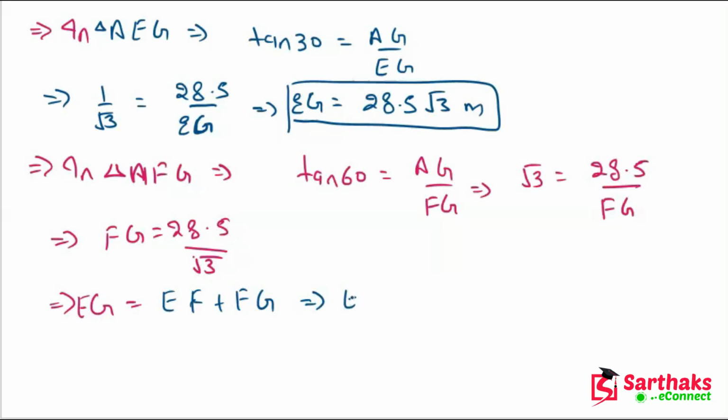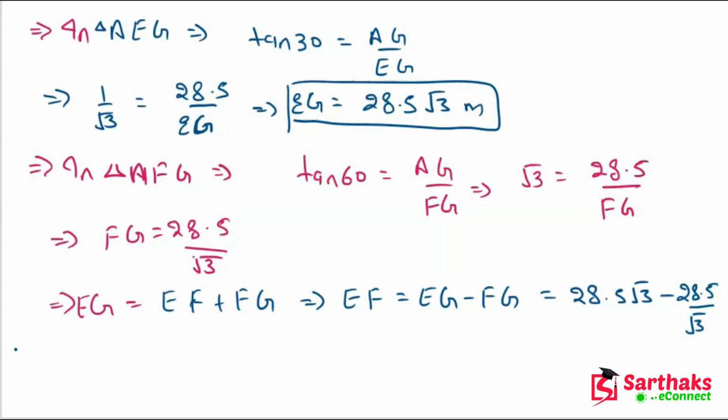So we get EF is equal to EG minus FG, and we know the value of EG is 28.5 root 3 minus FG, which is 28.5 divided by root 3.